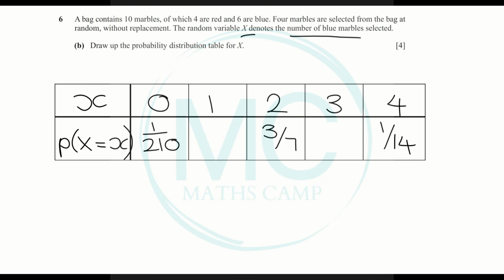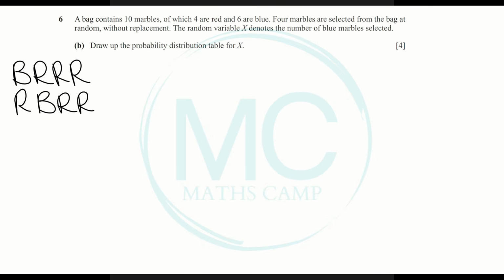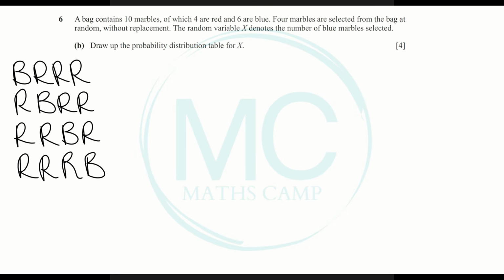Now let's look at the probability that we only draw 1 blue marble. So let's make some space. If we draw 1 blue marble, the other 3 are red. We could draw our blue marble first, followed by 3 red, or we could have red first, then a blue marble, or red first and second, but our third marble's blue, or a red marble, another red marble, a third red marble, followed by a blue marble.